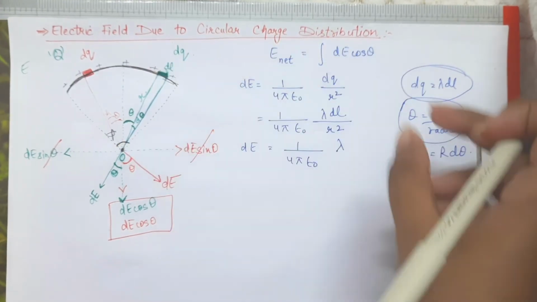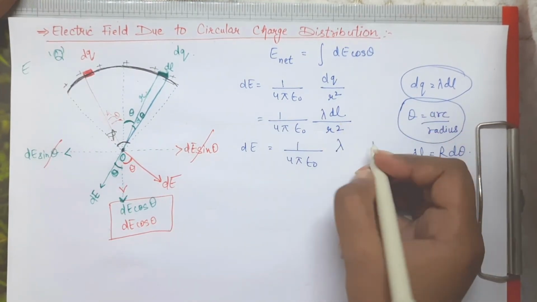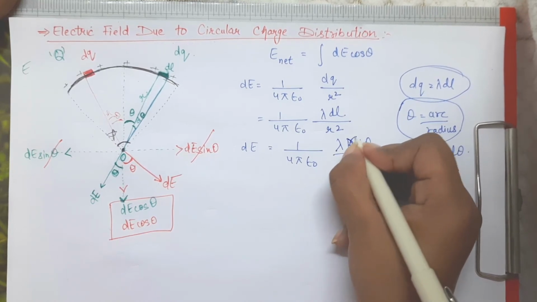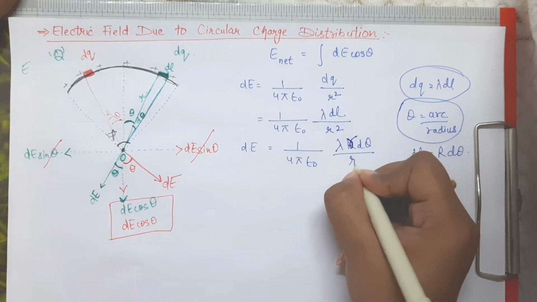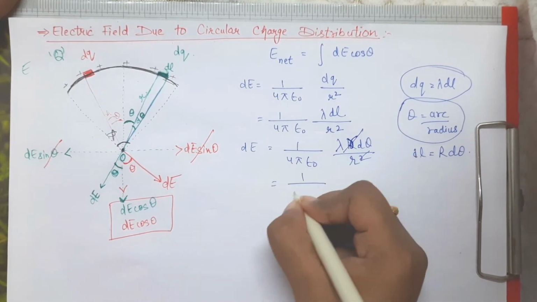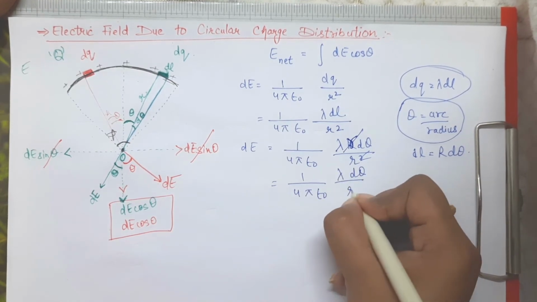If you put these three values here, you will get dl is equal to r d theta. So instead of dl I will write r d theta, small r by r square, right. This will cancel out with this one, we will be having 1 by 4 pi epsilon naught lambda d theta by r.